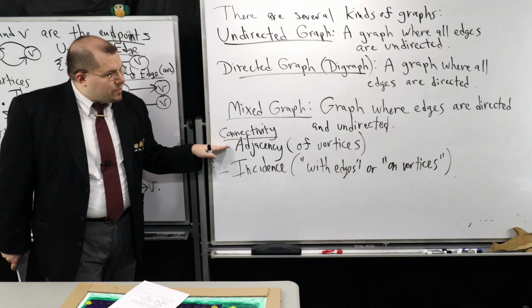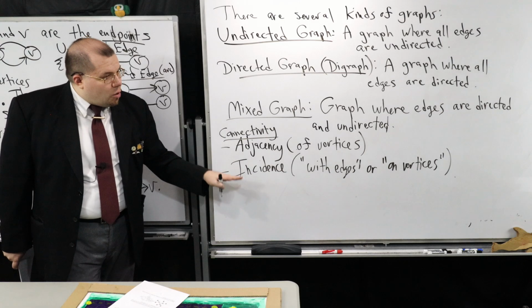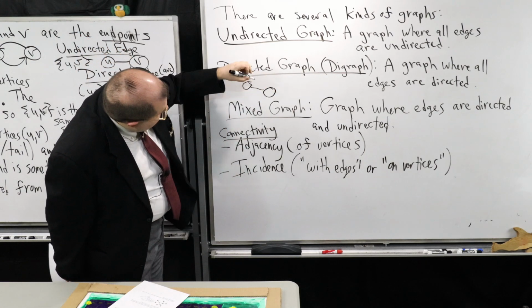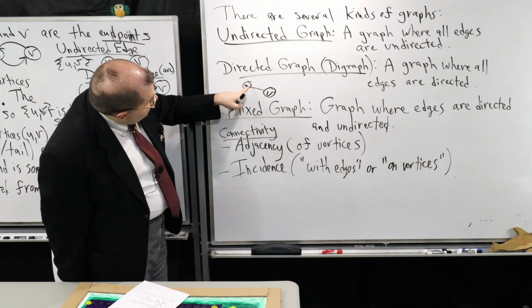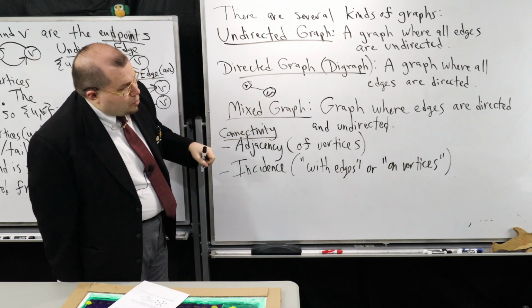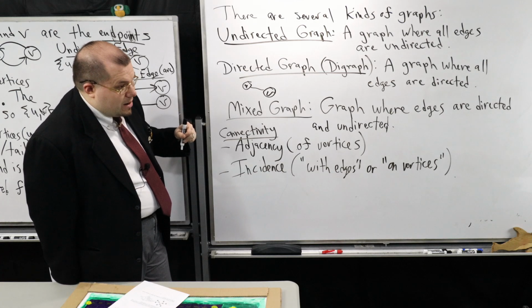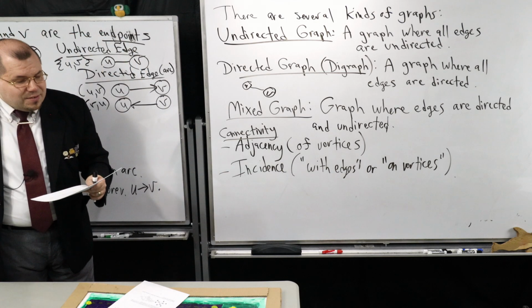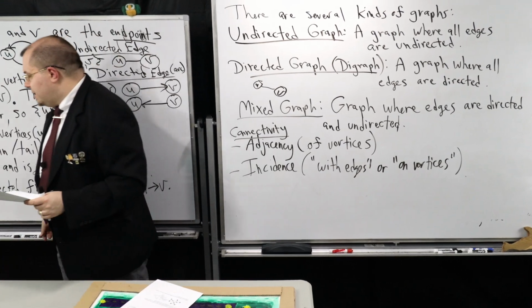So this is involving the vertices, this is involving the edges, or if, say, for example, I have an edge, like say I have U and V, and I would like to say this edge with that endpoint. I would like to have some way of talking about that, which incidence provides. So let's talk about adjacency first. Let's head over here.